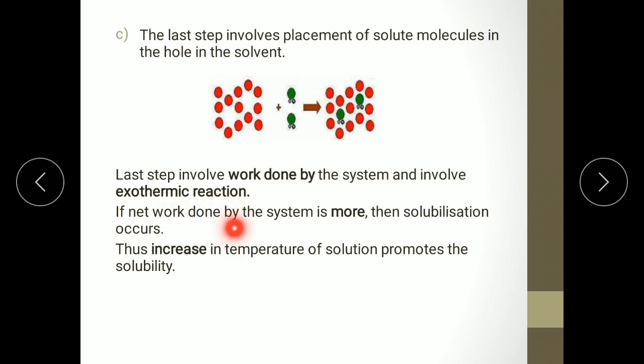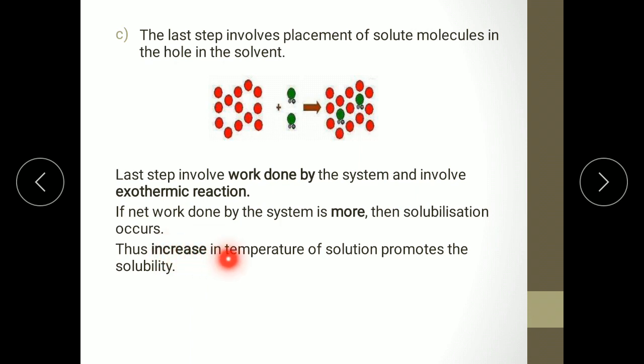If net work done by the system is more, means the work done in the last step is more, then solubilization occurs. If the last step's work done by the system is more than the first 2 steps A and B, then solubilization will occur.